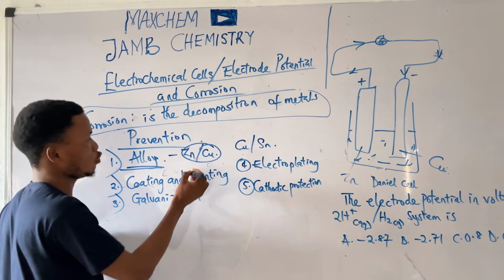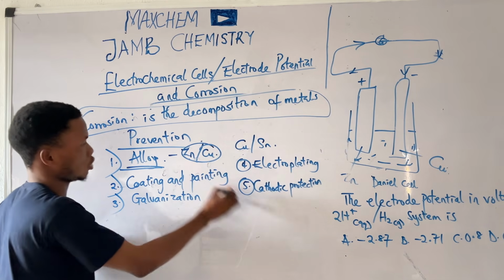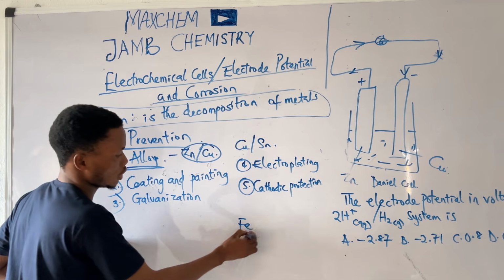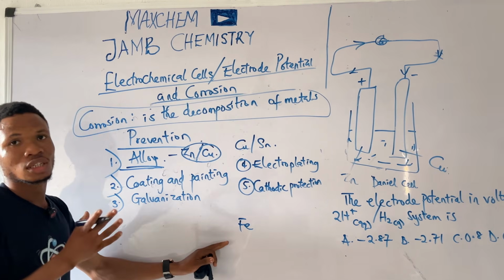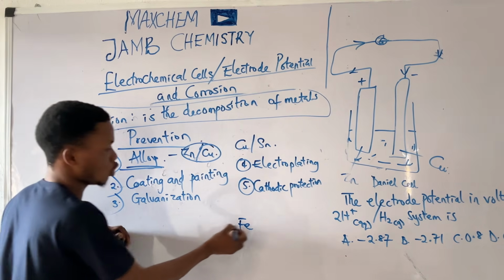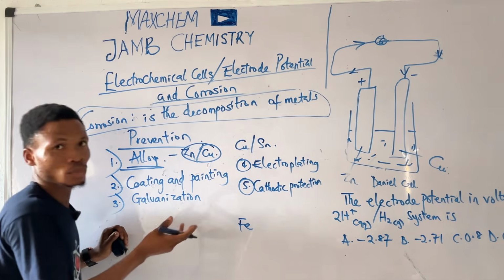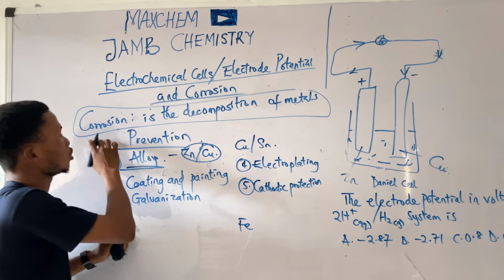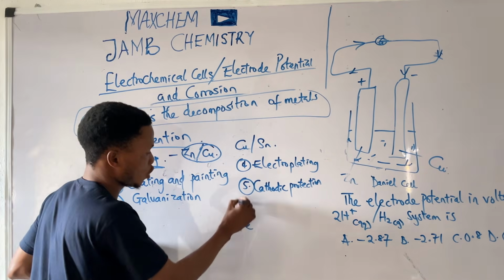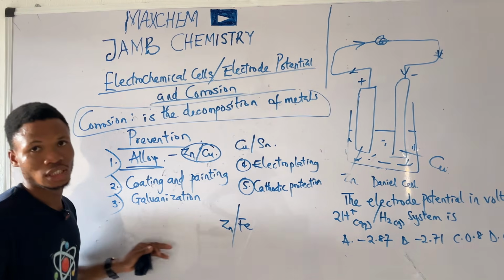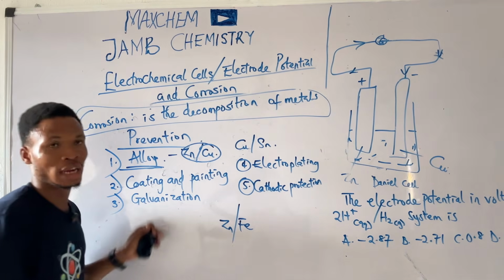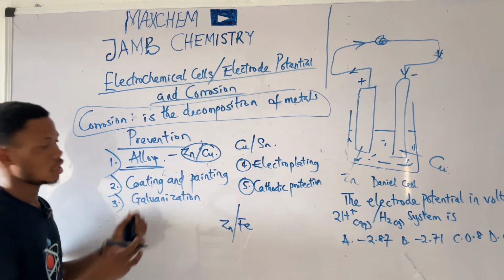Now, iron is a metal that can corrode easily. So if you don't want it to go through corrosion easily, we can mix it with maybe zinc to form an alloy.